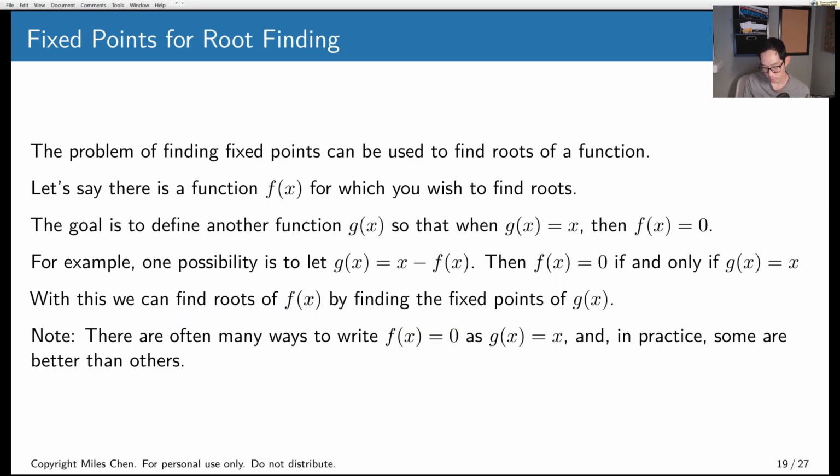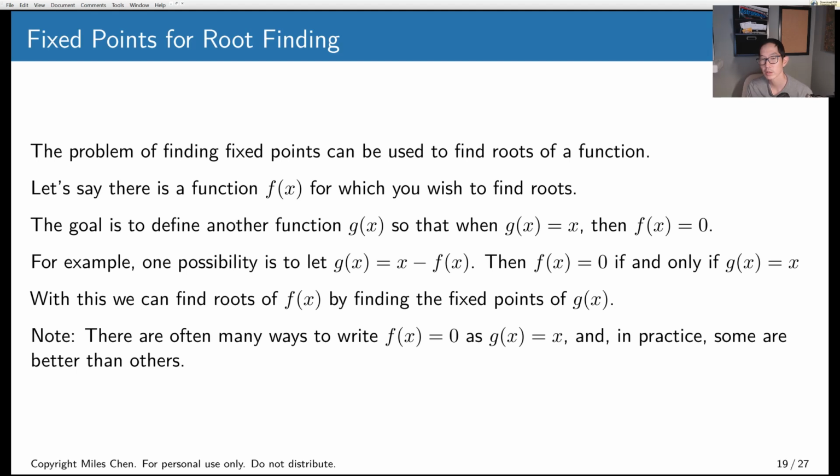Now, how do we use that technique to then find roots? Because that's what we want to do. We want to find the roots of a function. The idea goes like this. Let's say you have a function f, and you want to find the roots of f.